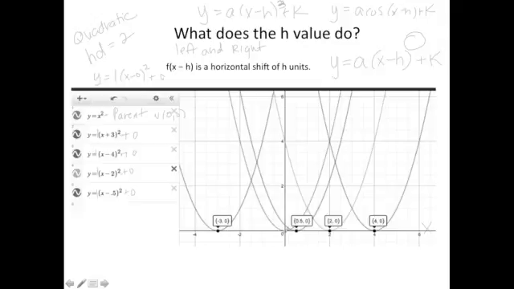Okay, so one thing that I need to point out to you is let's take a look at the parent function, which is this red one right here, and I will try, at risk of life and limb, to imitate the parabola so that I can show you. I'm going to move this parabola around.